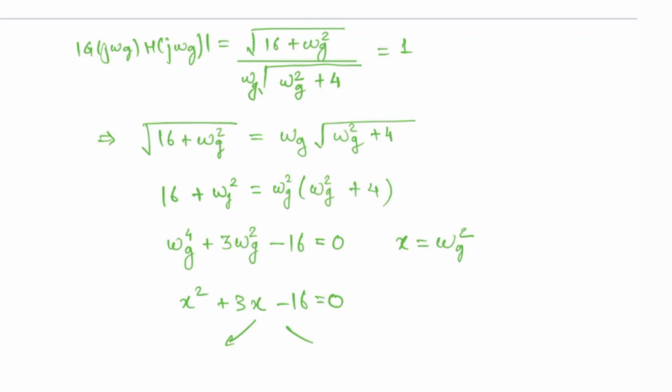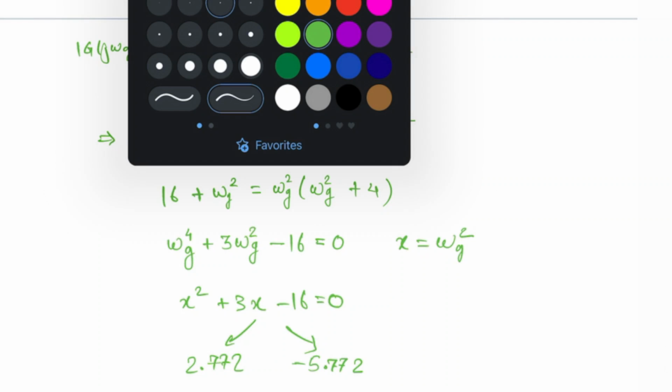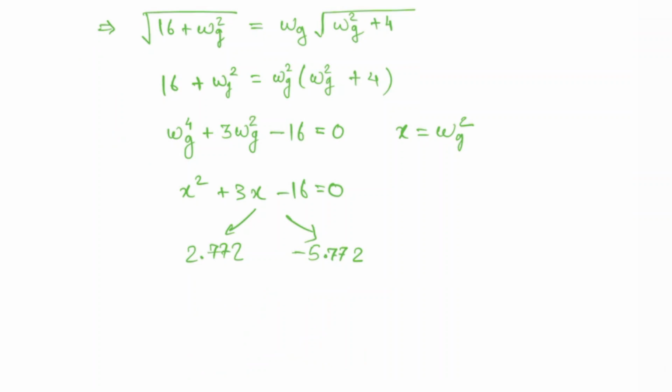We'll get two roots from here. They turn out to be 2.772 and minus 5.772. So this root has to be rejected because x has to be positive.